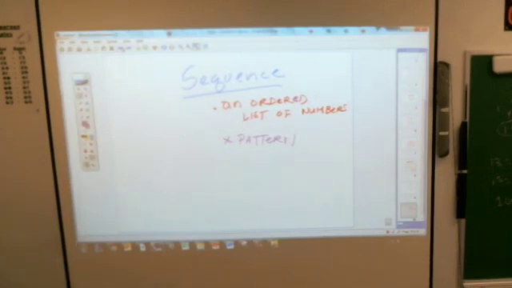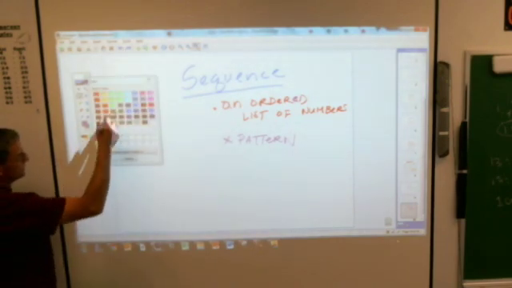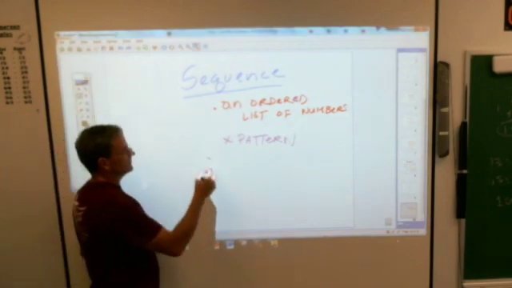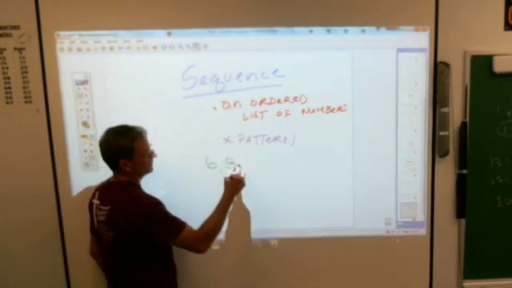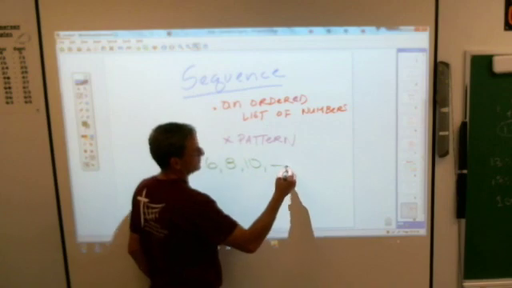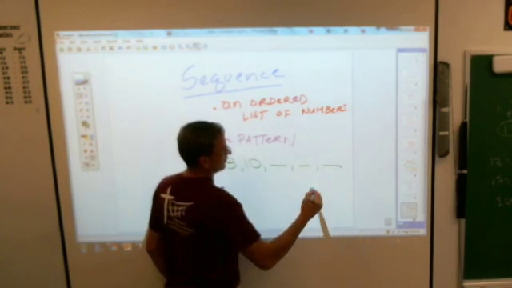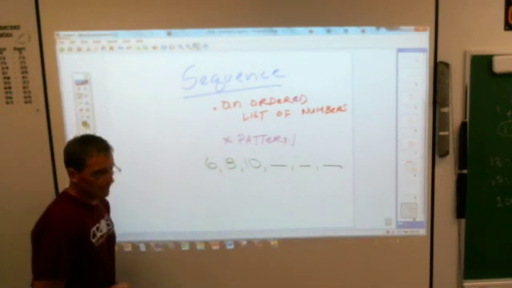Now, I'll give you an example of this. In a sequence, for example, this one, you'll see very easily what this means. Let's say you've got 6, 8, 10, and then they ask you to give the next 3 numbers in that sequence.